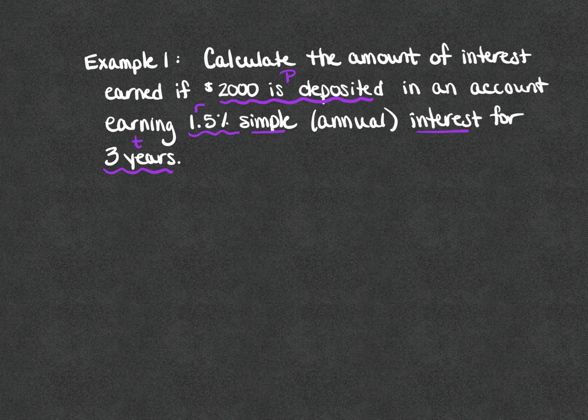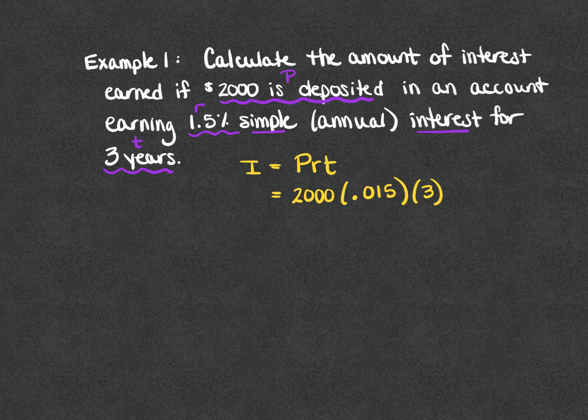So as we begin to calculate, our amount of interest is the principal times the rate times the time. So 2,000 times our interest rate written in decimal form, 0.015, times our number of years, which is 3.